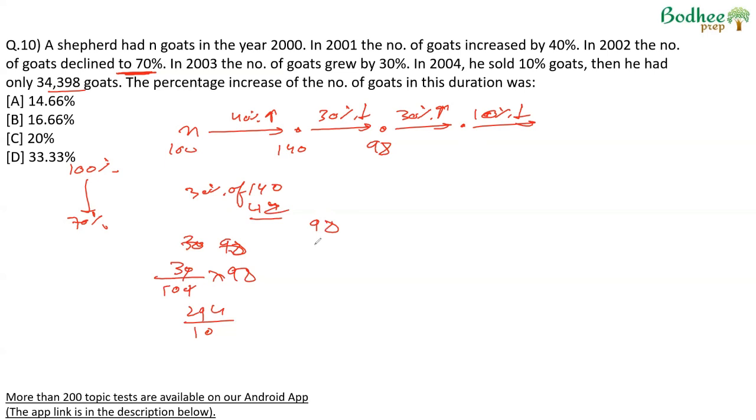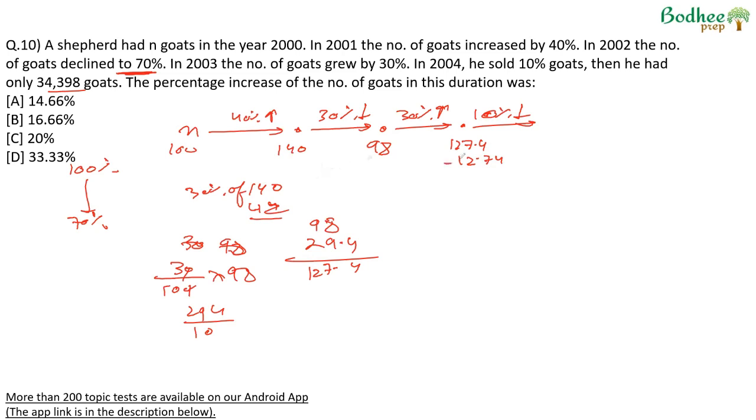At this point, the number will become 98 plus 29.4, which will be 127.4. This again has to decrease by 10%. 10% of 127.4 will simply be 12.74.